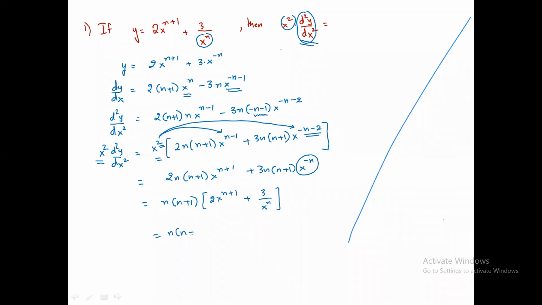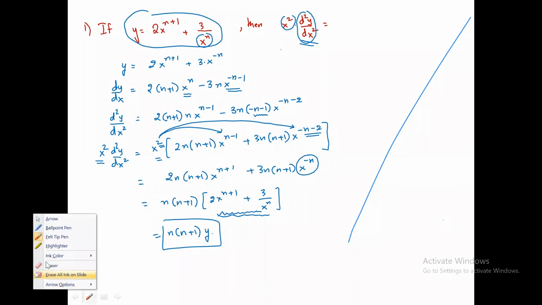Because I will be having the final answer as n into n plus 1, and this is nothing but the question itself. It is y. So I can write y. So this is my final answer, and that is present in the options. So we can stop doing here.